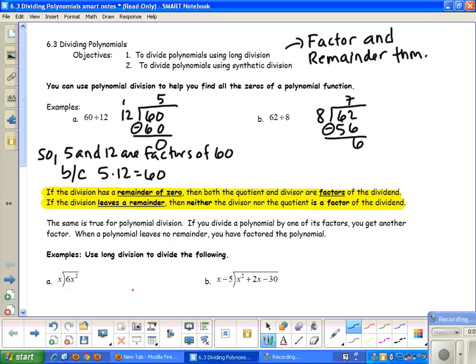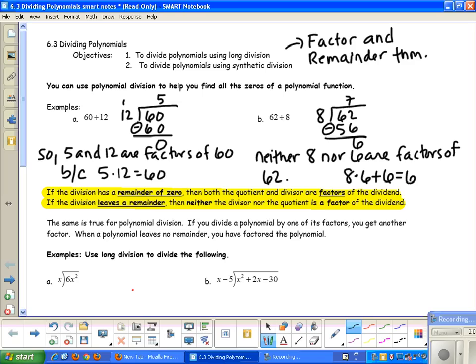So for this one, I would say neither 8 nor 6 are factors of 62, because in order to get 62, we have to do 8 times 6 plus the remainder.